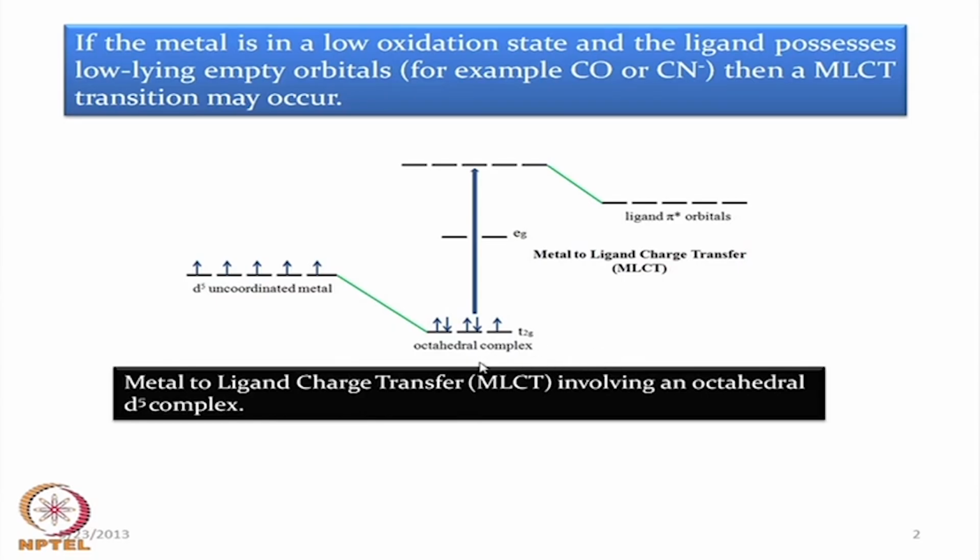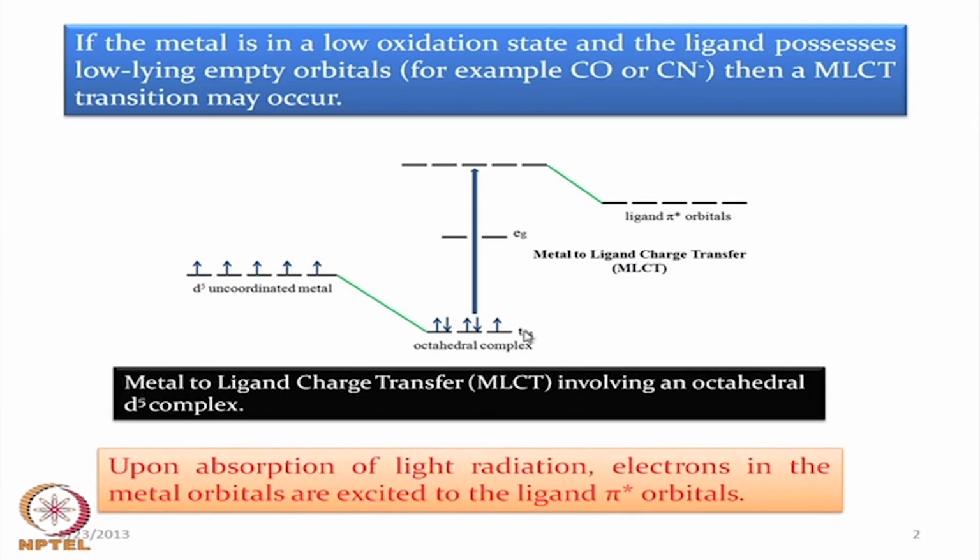So in an octahedral complex, the energy diagram for the transition would be like this. When the complex is irradiated with light of a certain wavelength which can be absorbed, then the electrons in the metal-based orbitals, which have a certain percentage, say 80% or 70%, of metal character, are excited to the ligand pi star orbital.